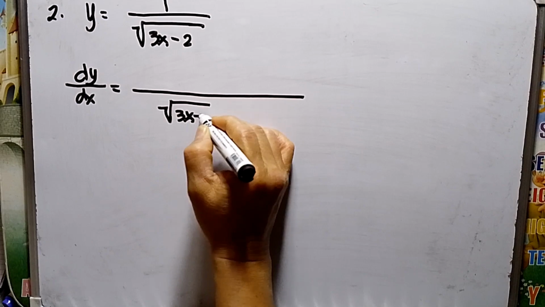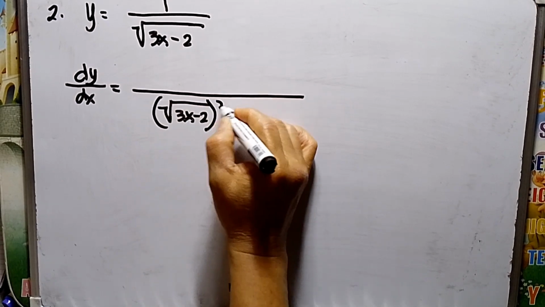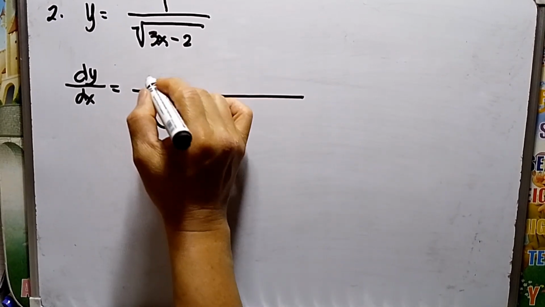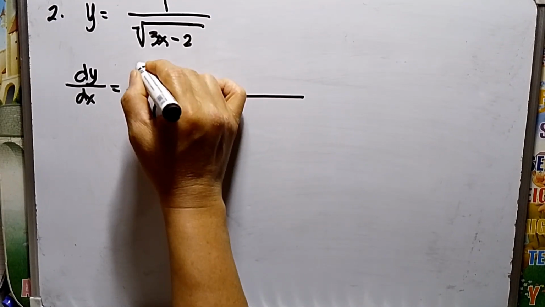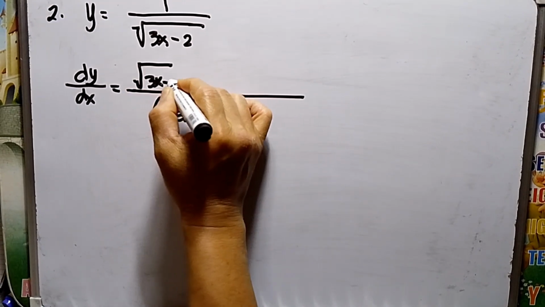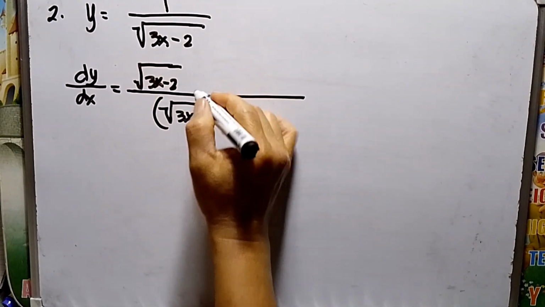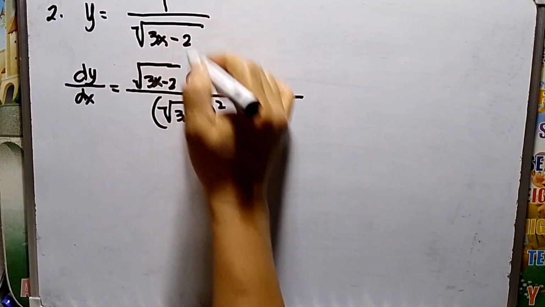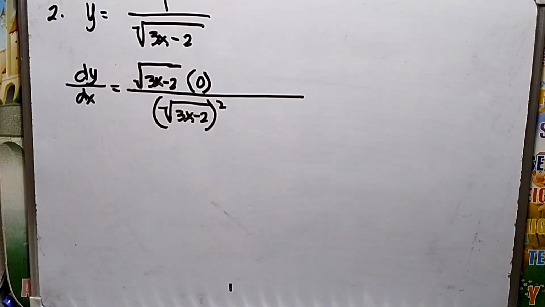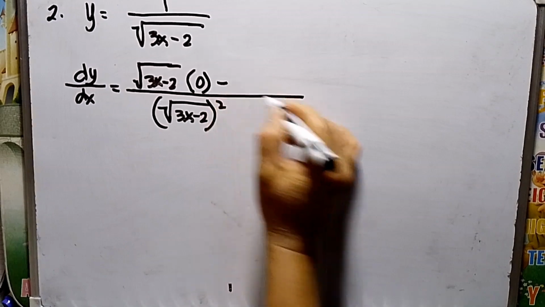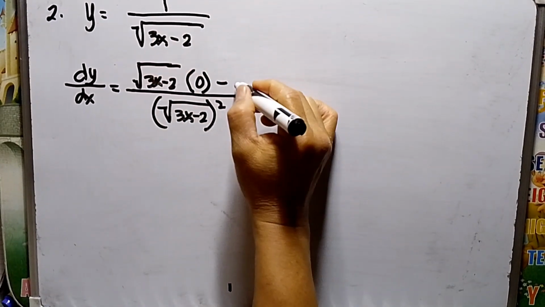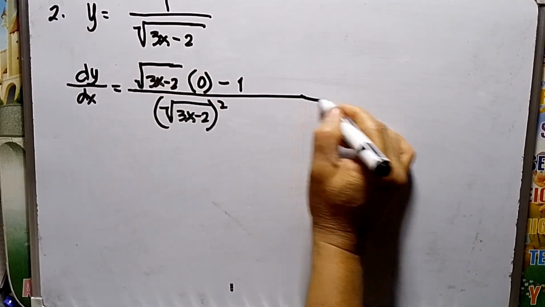So 3x minus 2 squared. Then copy the denominator, square root of 3x minus 2. Differentiate the numerator, which is 0, because the derivative of a constant is 0. Then minus, copy the numerator, differentiate the denominator.